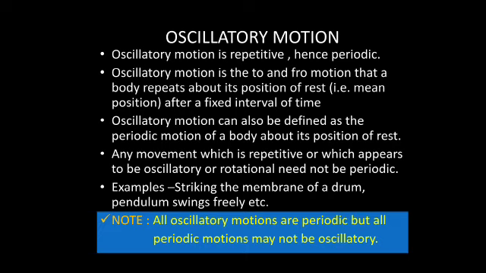Okay. Examples are striking the membrane of a drum, a pendulum swinging freely, etc. These are the examples of oscillatory motion. Note down that all oscillatory motions are periodic, but all periodic motions may not be oscillatory. You have to remember, initially I just told you that oscillatory motion is a case of periodic motion. Okay.